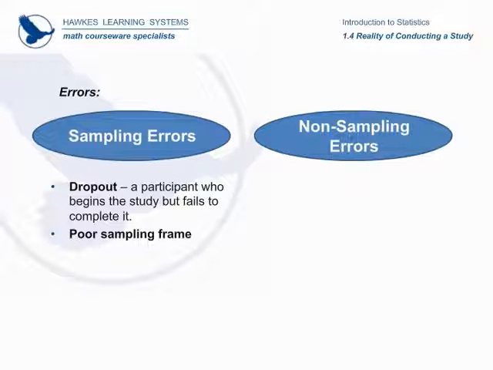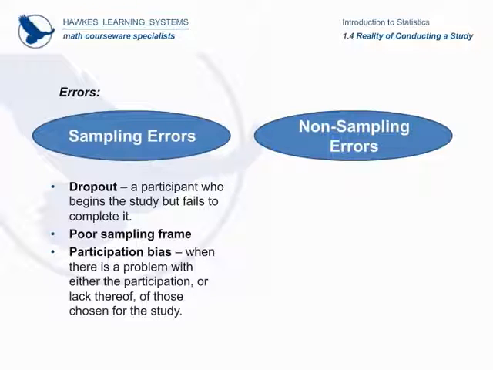You can also have a poor sampling frame wherein you select the wrong subjects. There can be participant bias, and that's when there's a problem with either the participation or lack of participation of those chosen for the study.